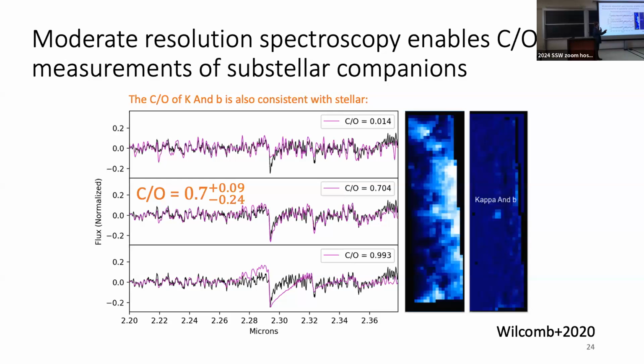And from the ground at K-band, around 2 microns, you have that carbon monoxide bandhead, a very clear feature of carbon monoxide, which is great to measure, for example, that carbon to oxygen ratio that we talked about earlier. This is an example for Kappa Andromedae b. And you can see that it constrains the C/O ratio very well, because you can clearly see which of the models has the right depth, just from looking at the depth of the line.